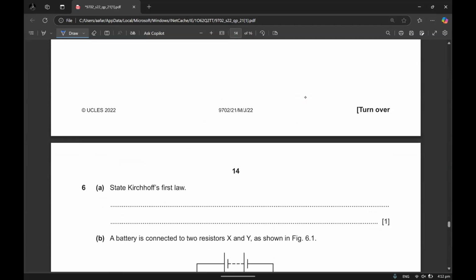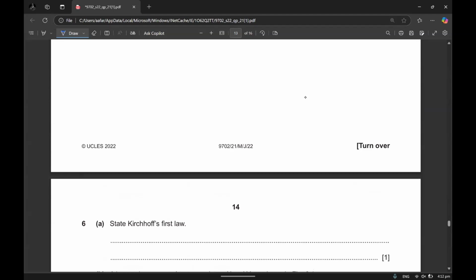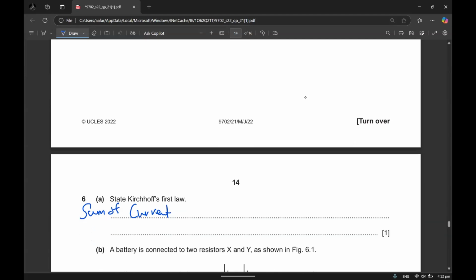State Kirchhoff's first law. Kirchhoff's first law is basically regarding current. So the total current, or you can say the sum of current into a junction is equal to the sum of current out of the junction.